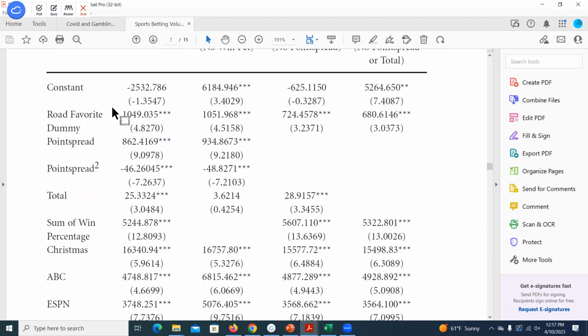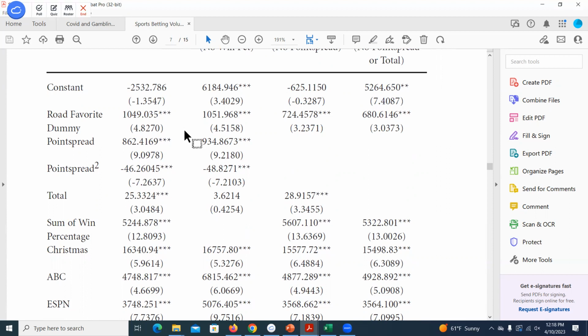But if we're looking at things, we start to see some things pop up as significant, right? Remember, all these different betting lines, at least initially, have been set as a 50-50 bet, so all of these things should already be factored into what those lines are and shouldn't have an influence. But some of these things are.